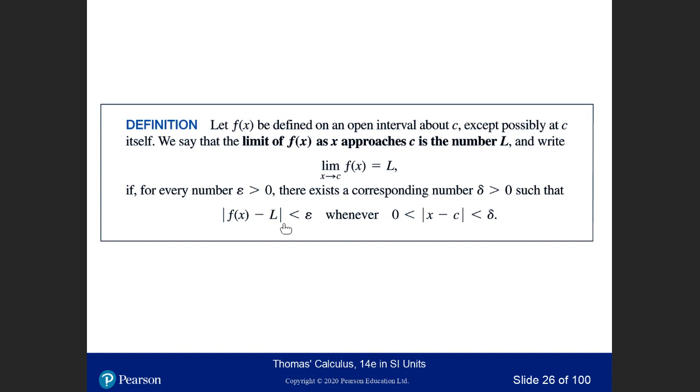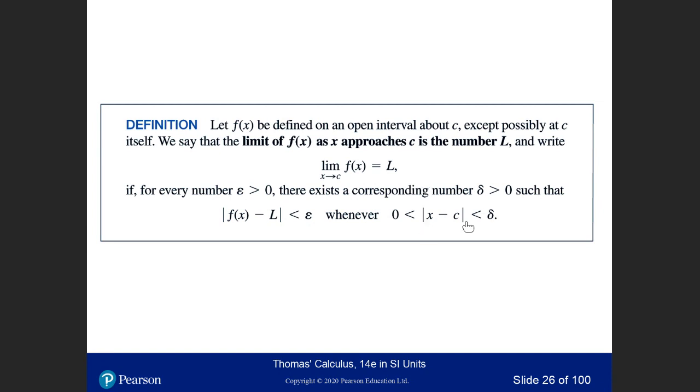Now, epsilon gives you a definition of arbitrarily approaching L, and delta gives a definition of sufficiently close to c. Okay, so that's a measure for these concepts, and that's the rigorous, mathematical definition of the limit. So in order to write limit of f of x as x approaches c is equal to L, I have to show you that for every epsilon you give me, I can find a delta.